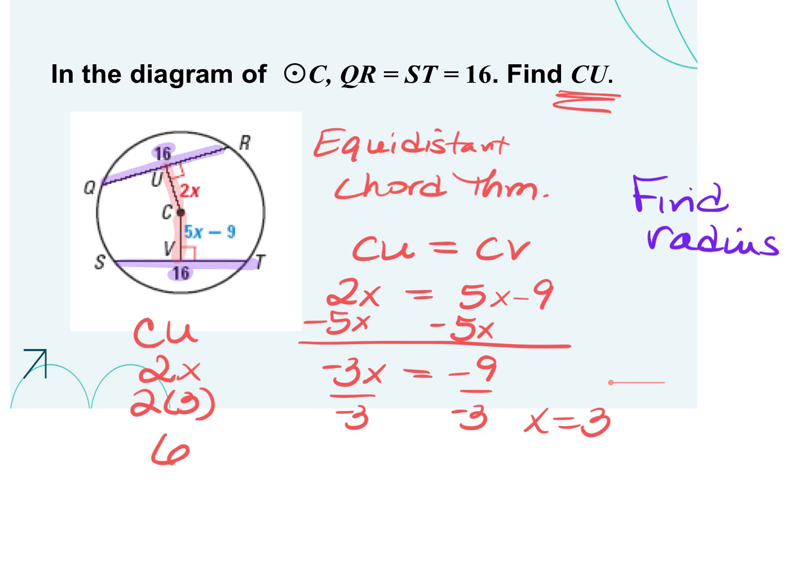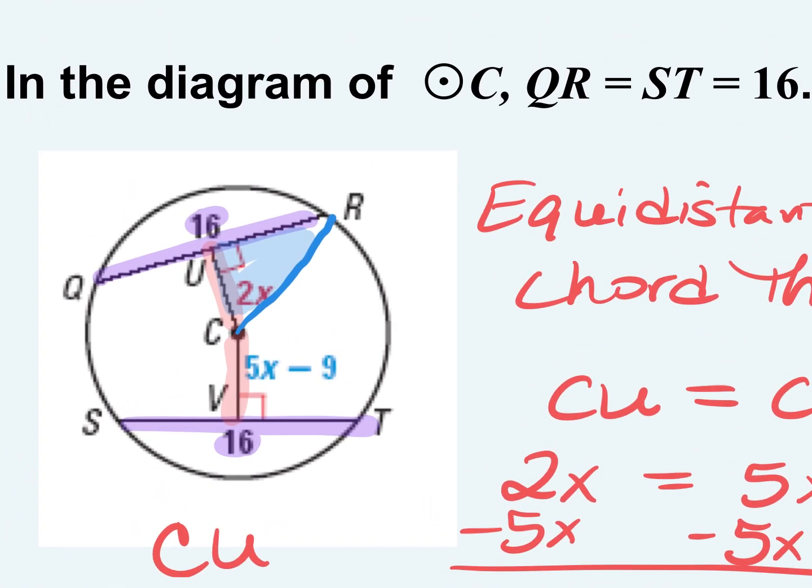But what I can do is draw in a radius and connect C to R. And now I've made a nice little right triangle here. And remember, this equidistant segment bisects the chord. So this piece right here is 8. And then I just found CU, it was 6.